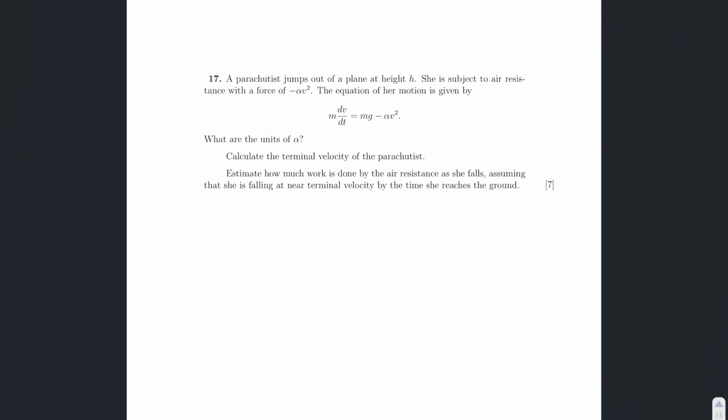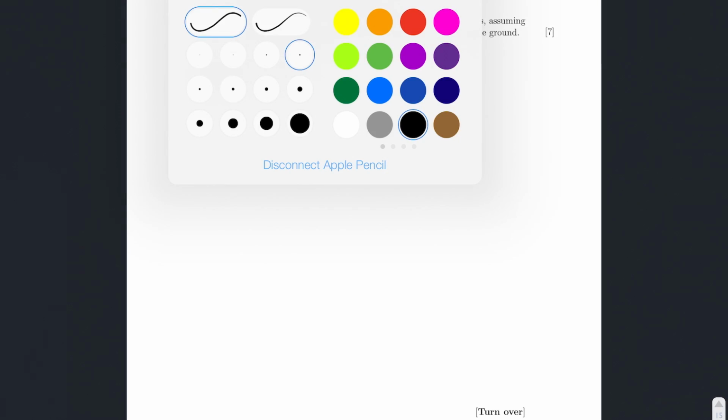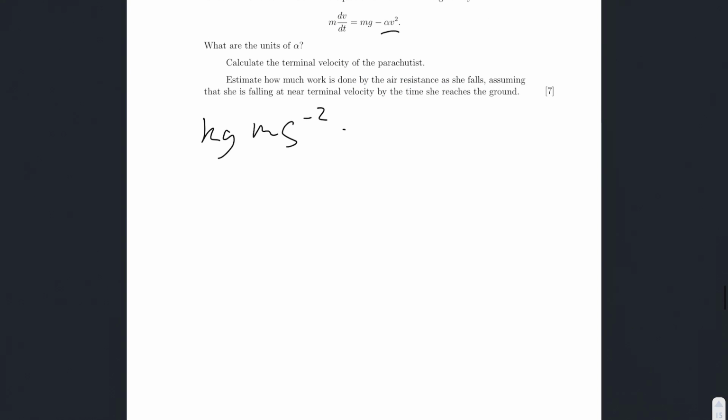So the units of alpha are going to have to be such that it is a force, it is Newton. So the force in Newtons is this. We know that this equals minus alpha times v squared, which is going to be meter squared second to the minus 2.